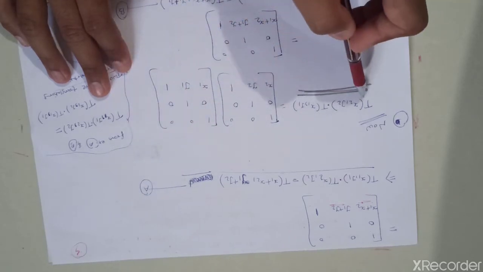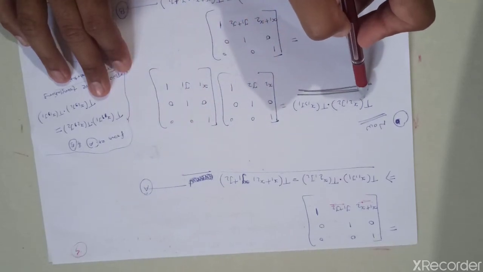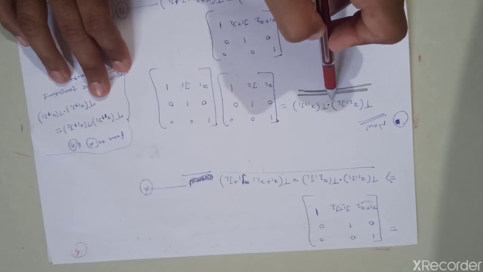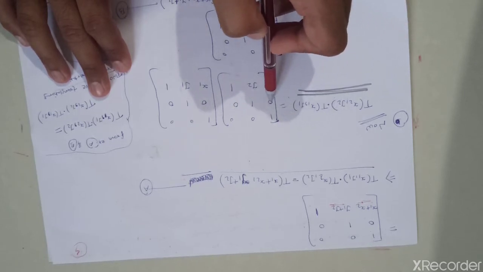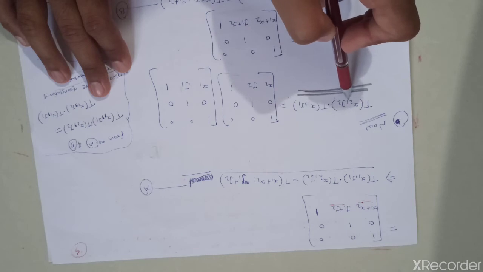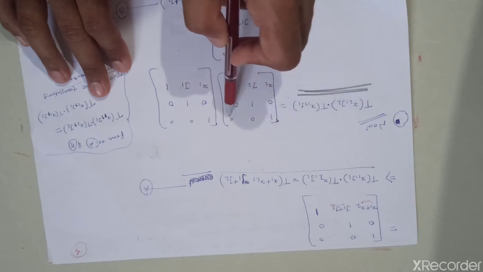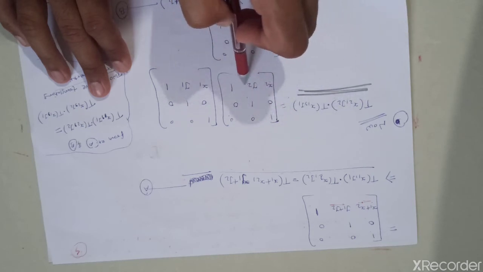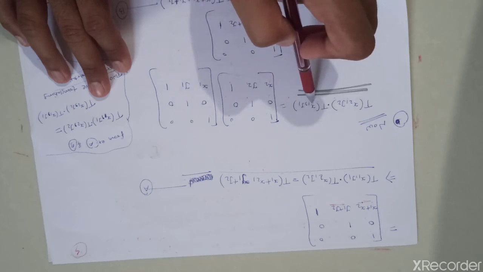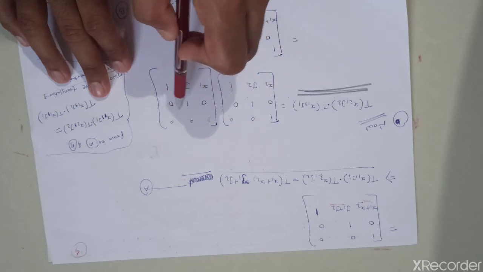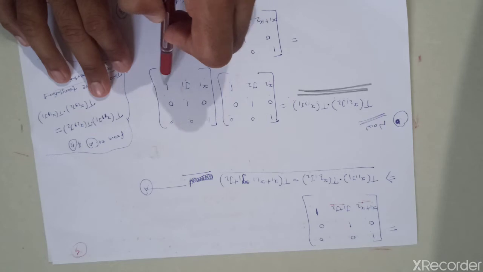Now we prove that T(x2, y2) into T(x1, y1). First of all, write down T(x2, y2) as 1 0 0; 0 1 0; x2 y2 1, into T(x1, y1), which is 1 0 0; 0 1 0; x1 y1 1.